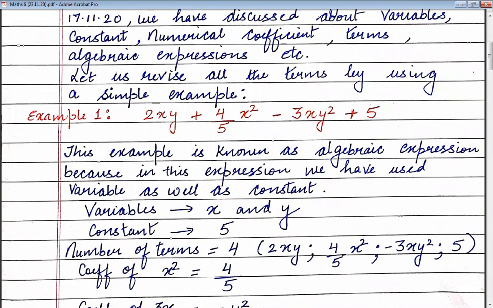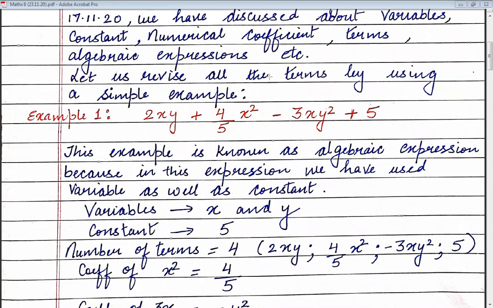And which one is the constant? 5 is your constant. So the variables in this expression are x and y, and the constant is the number 5.